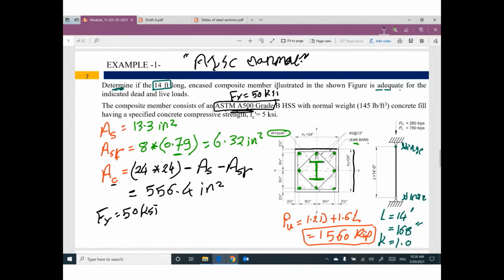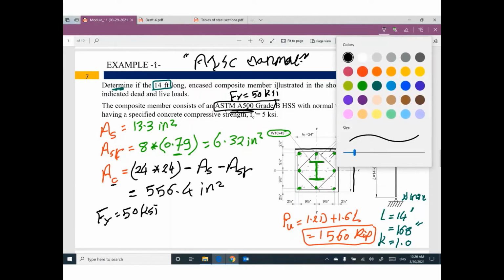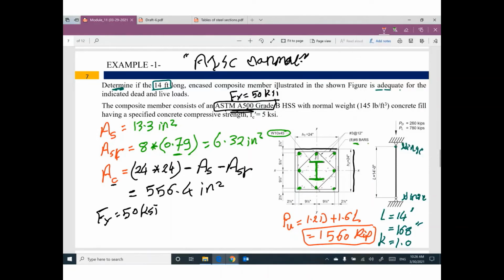A student found online that for round shapes it's 46 KSI, and for squares and rectangles it's 50. So 50 will be good.